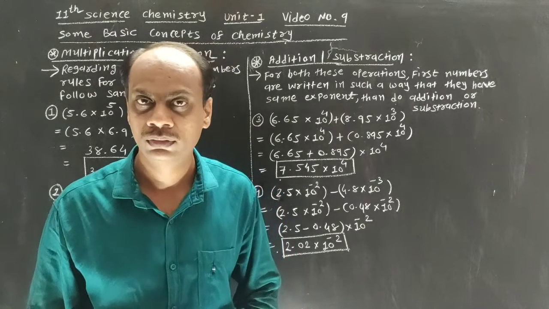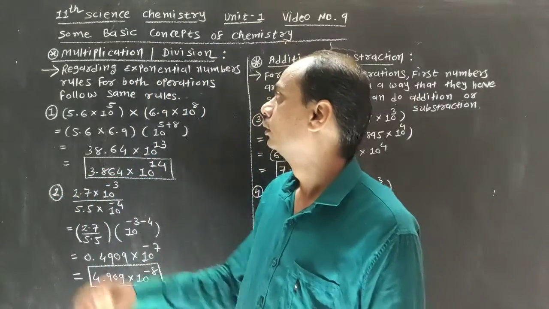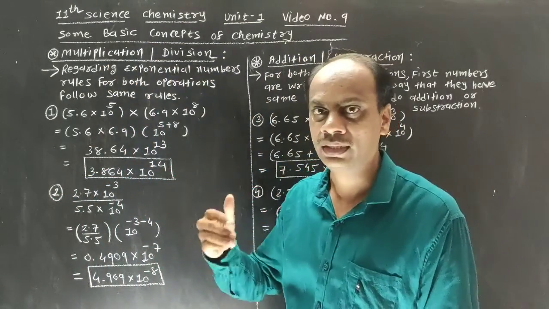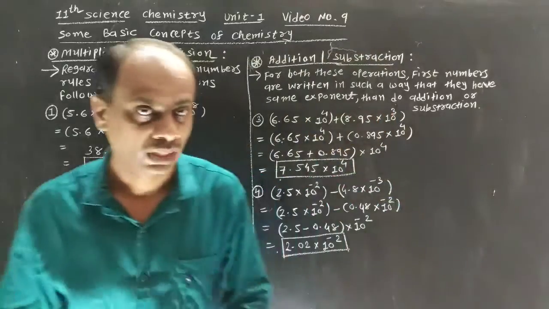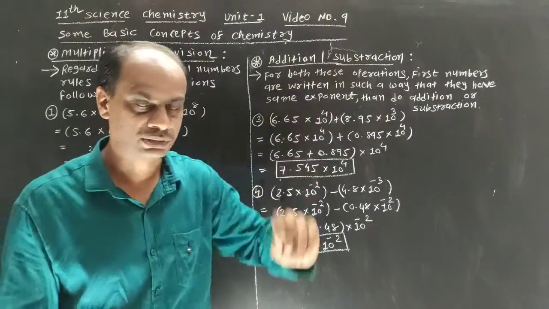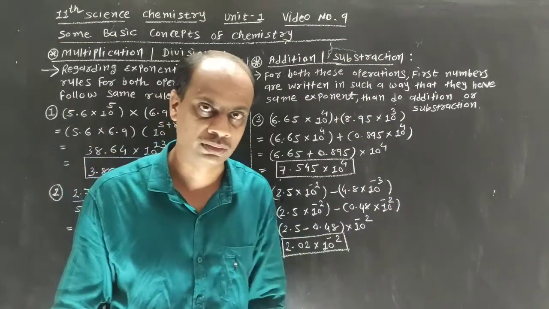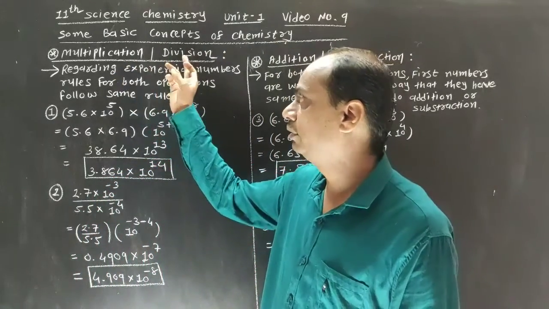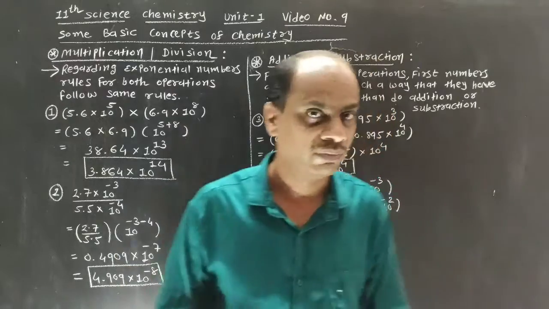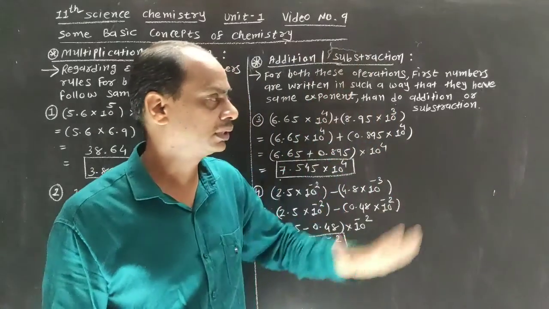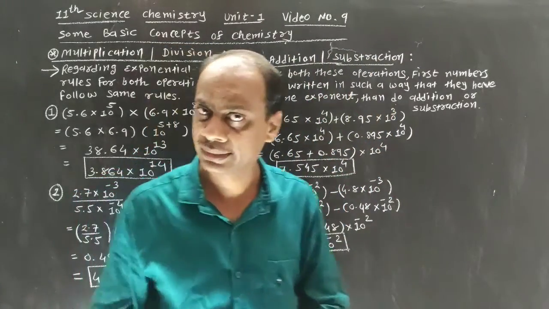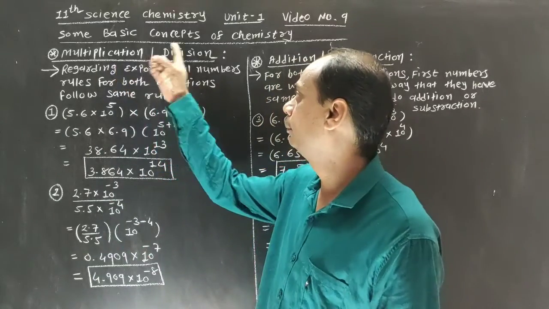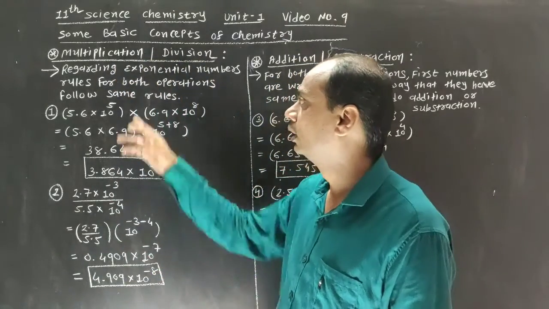Okay, now let us discuss the simplification methods for multiplication and division, and for addition and subtraction. Here the rule for multiplication and division is the same, and for addition and subtraction the rule is the same. So let us first discuss multiplication and division.